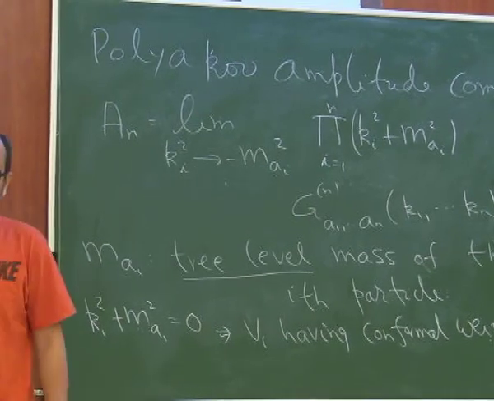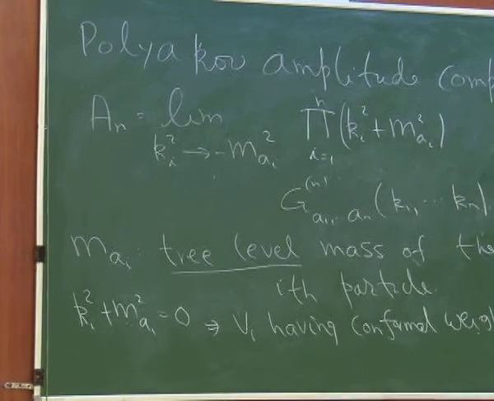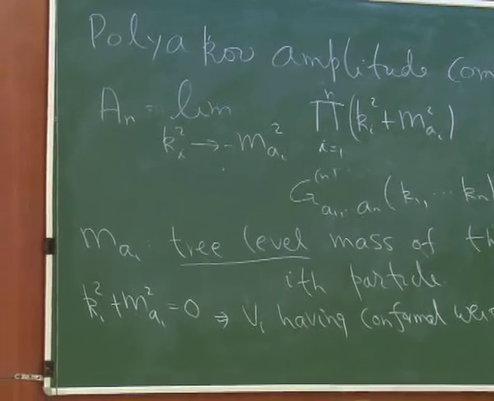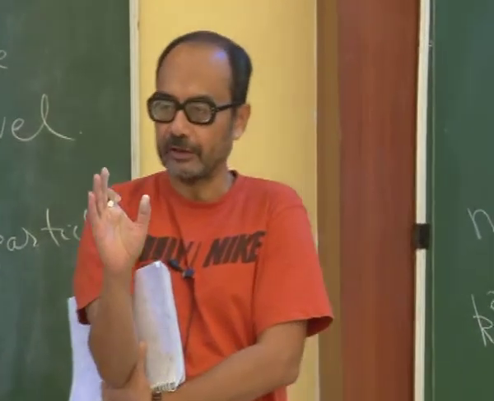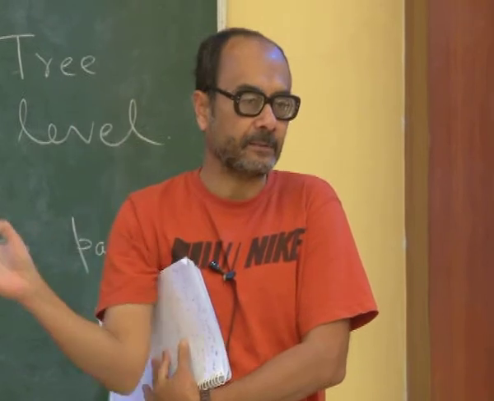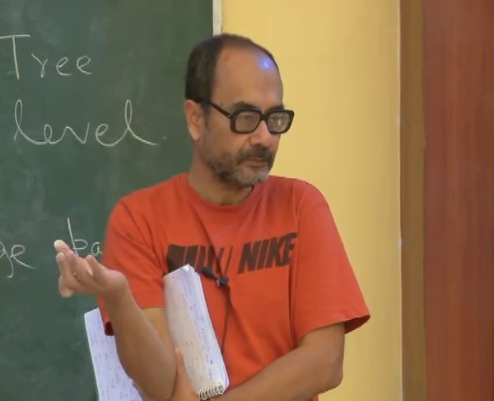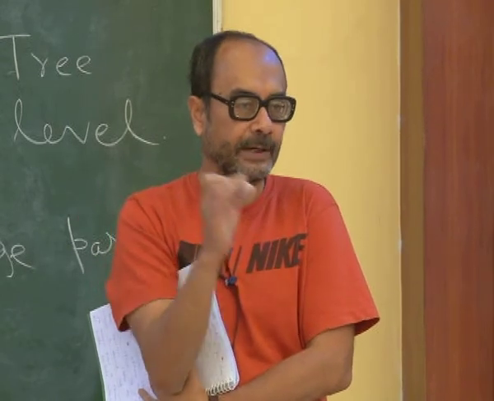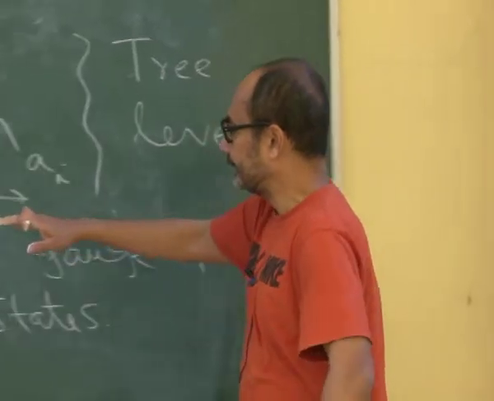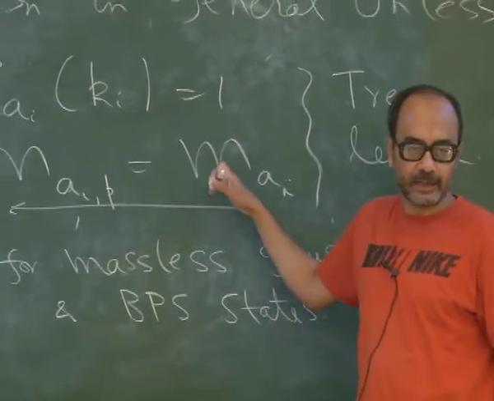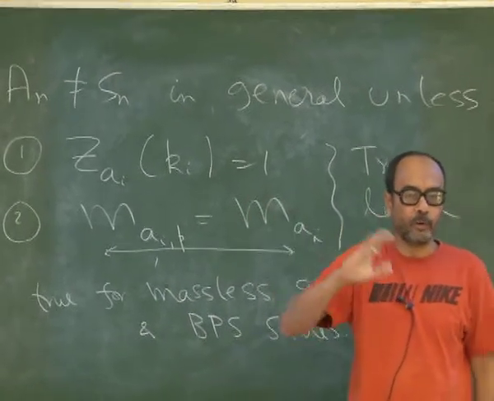So the upshot is that if masses are not renormalized, but only wave function renormalization is there, then from the Polyakov amplitude there is a systematic procedure that you can follow to arrive at the S matrix element. You have to do a little more work. A_n is not directly equal to S_n, but with some amount of work, you can go from A_n to S_n. But if these are not equal, unless this condition is satisfied, there is no simple way to go from A_n to S_n.